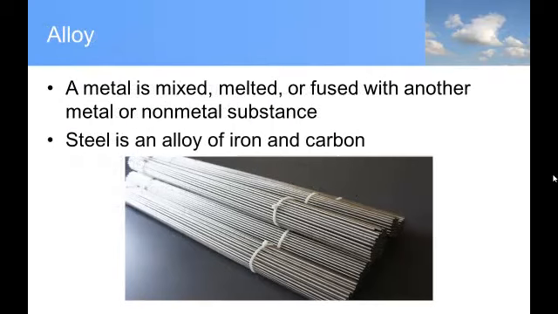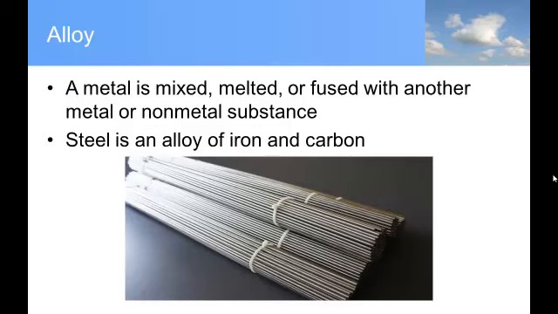Most metals we use are not in a pure elemental form. Usually they're what's called an alloy. An alloy is a solid mixture in which a metal has been fused together with another metal or a non-metallic substance. So, for example, steel is an alloy of iron and carbon. And we don't really make stuff out of pure iron.